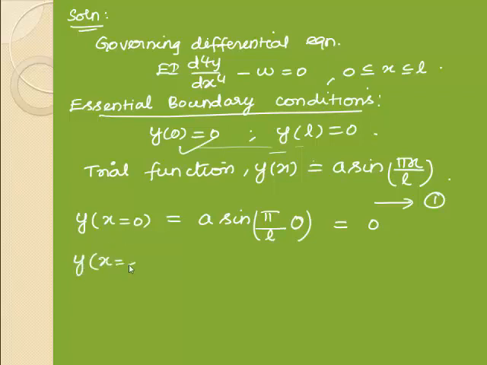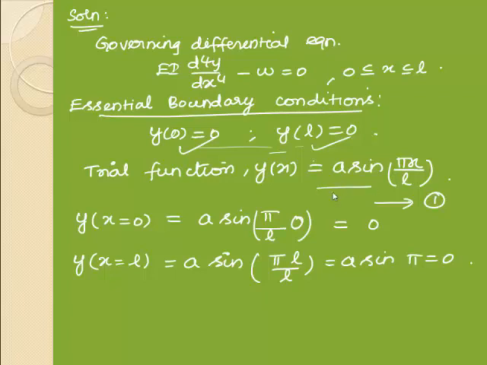At x is equal to L, the considered trial function will be a sin pi L by L, that is a sin pi. Sin pi value is 0. So the second condition is also satisfied with the assumed trial function. So we can go with this trial function, y is equal to a sin pi x by L.